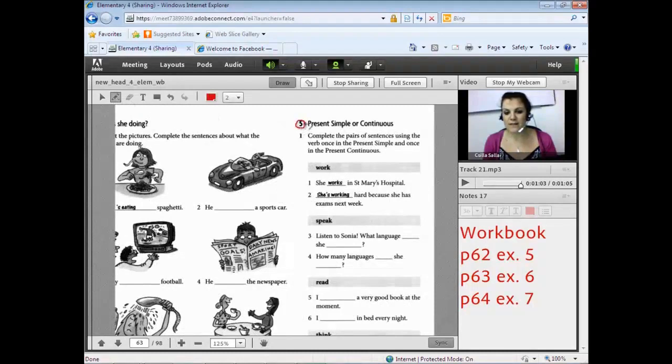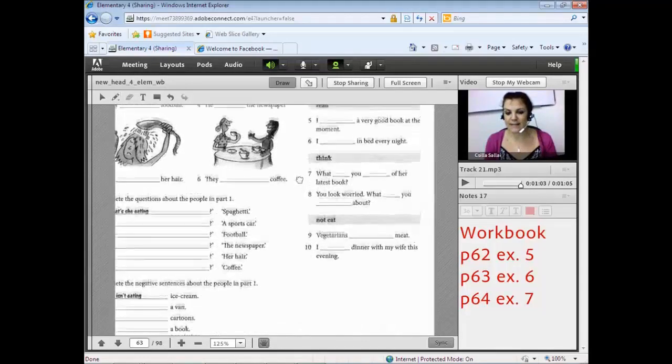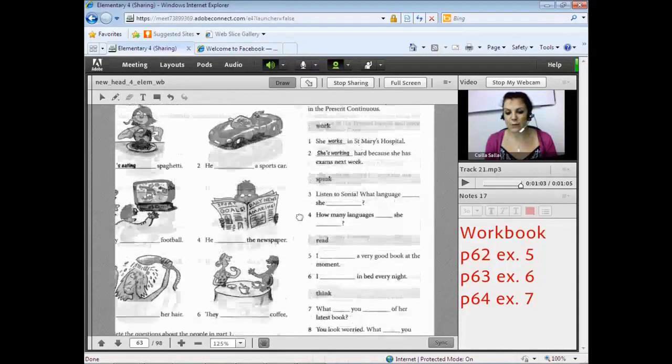Present simple or continuous. So you are going to complete the pairs of sentences using the verb once in the present simple and once in the present continuous. Okay? So you are going to complete all these sentences with the correct form of the verbs.